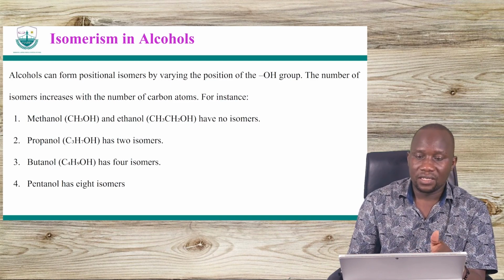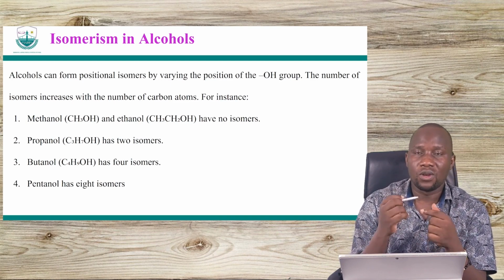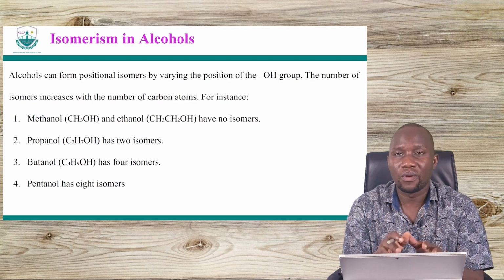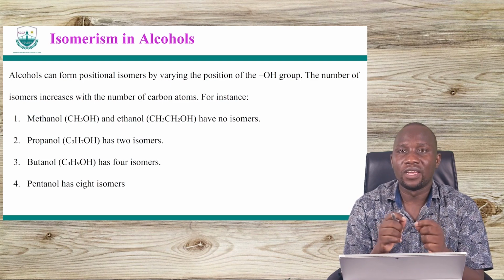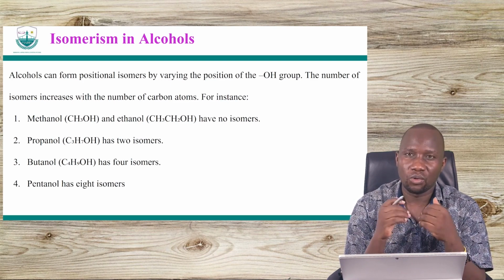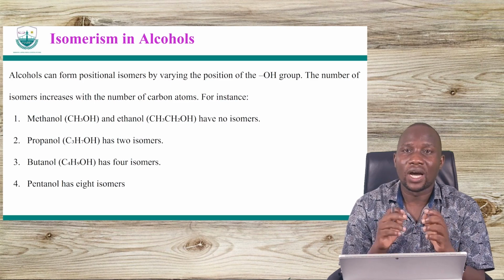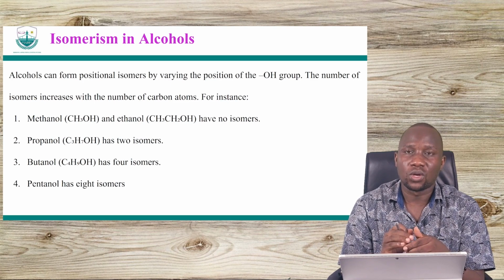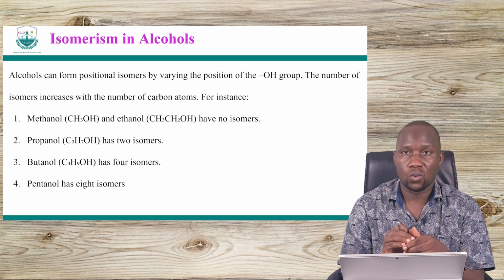Like I said, we only have isomerism when the alcohol has at least 3 carbon atoms, and that's why we start with propanol.